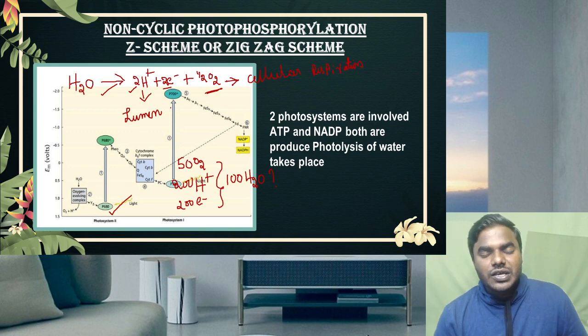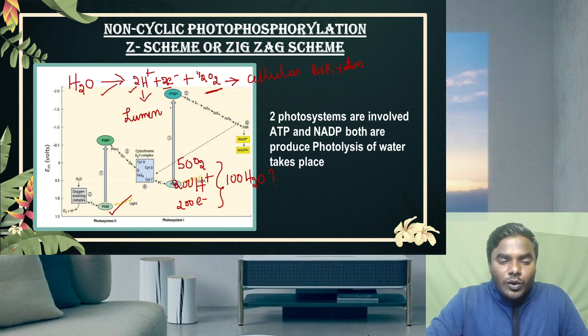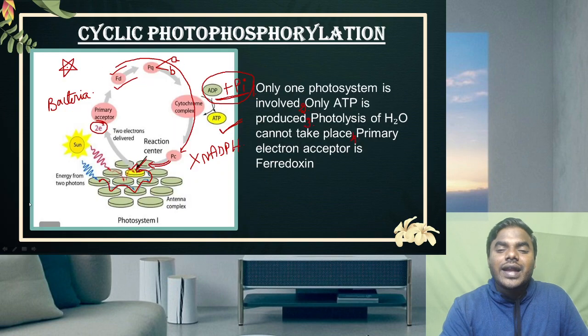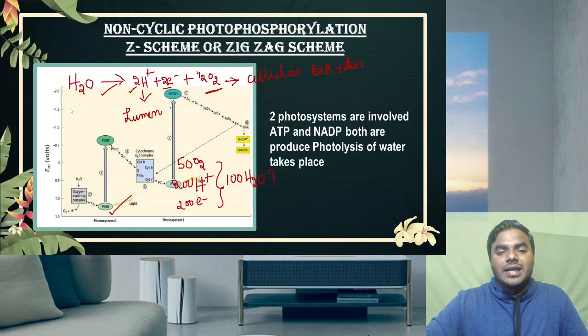Now here comes a unique question. Most people will answer wrong if they don't understand it clearly. Please don't compare with cyclic photophosphorylation, as I told all of you, that takes place in bacteria.